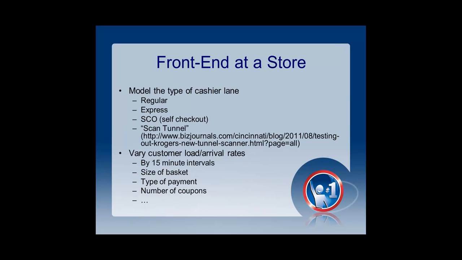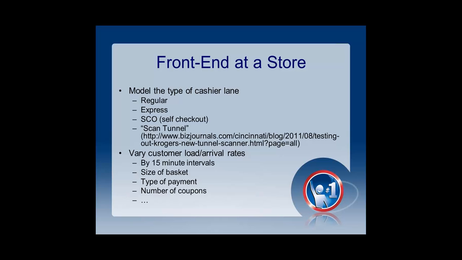The front end at a grocery store is one of the places where customers experience either good things or bad things. They'll always make comments about, well, gee, how long did it take me to check out, and how long the lines were. And we've been doing a lot of modeling of the cashier lanes to understand how we can improve the efficiency there.